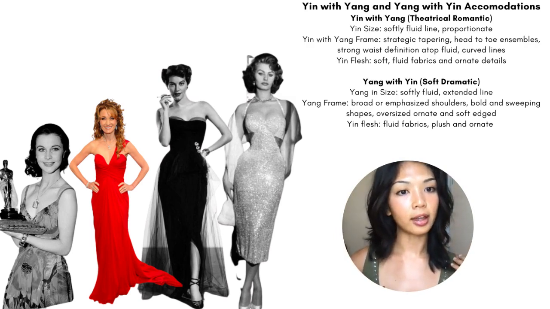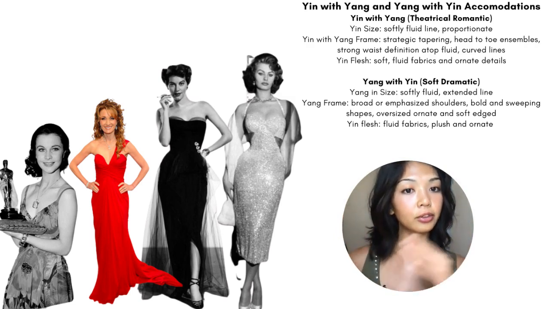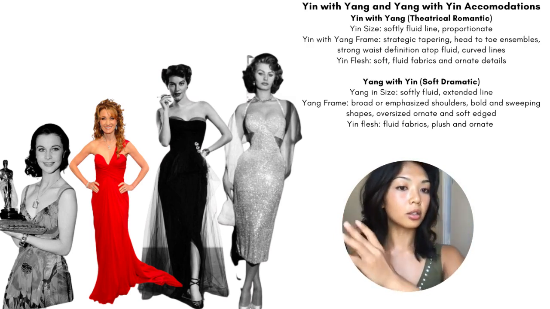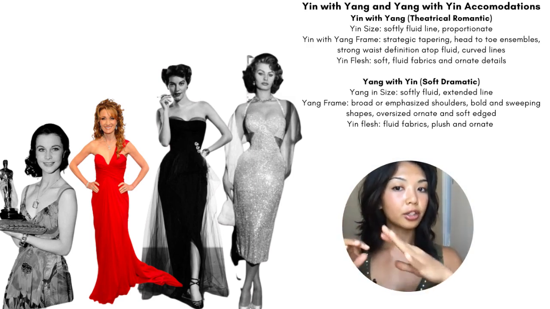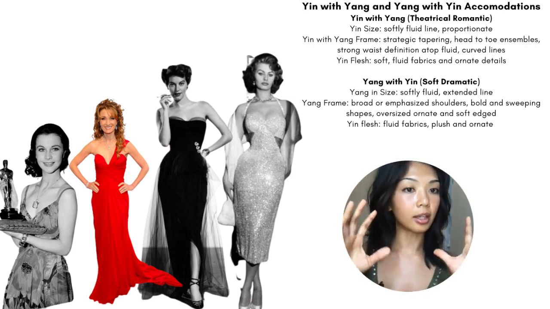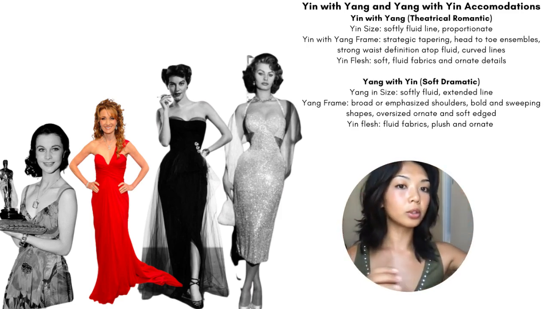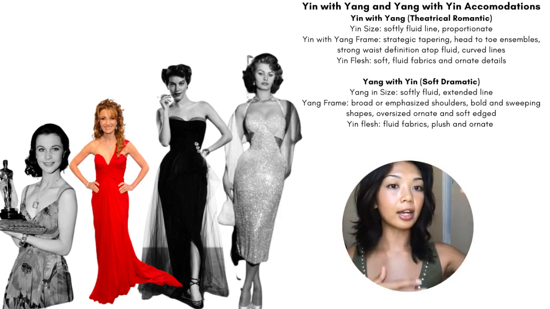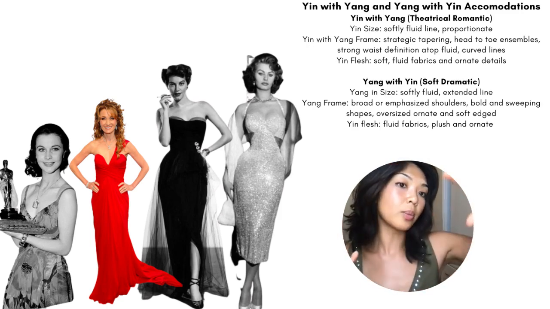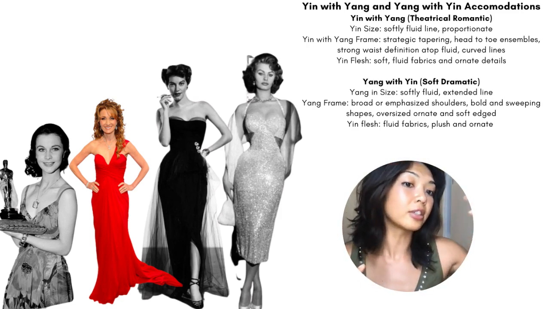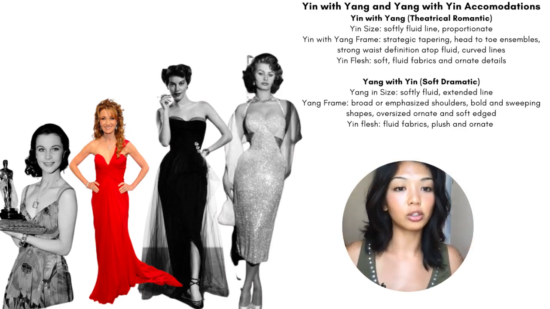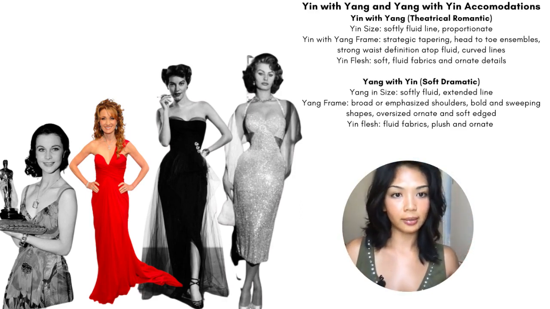As for their shapes, their frame, you still want to honor their angularity, but you want to create more bold, sweeping, flared shapes and a little bit more of a soft-edged approach as opposed to just sharp, linear edges.